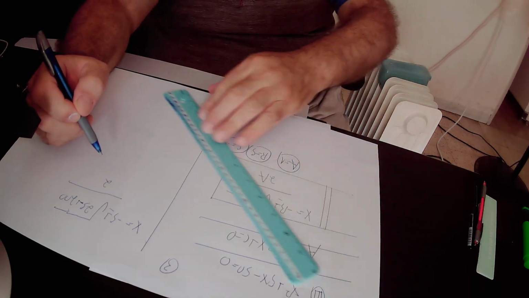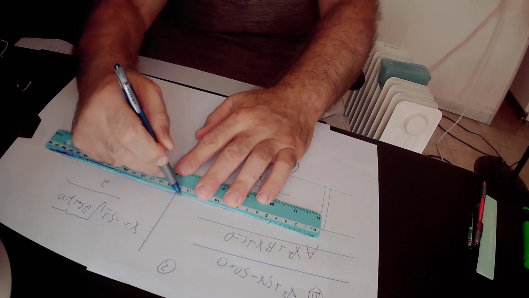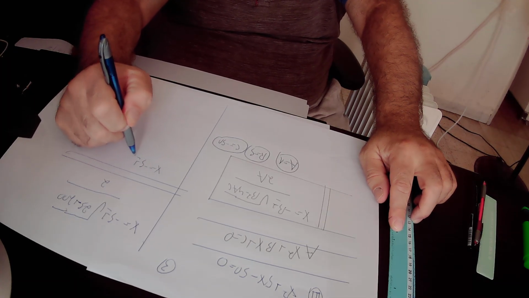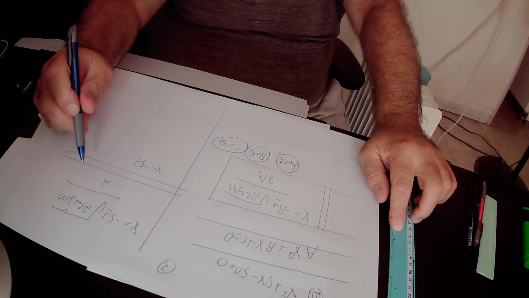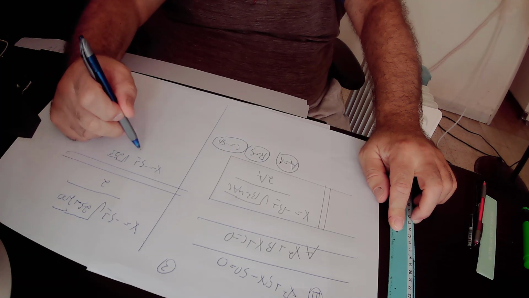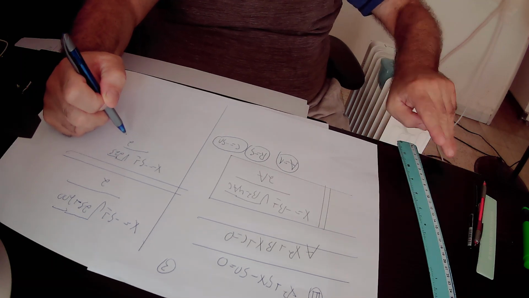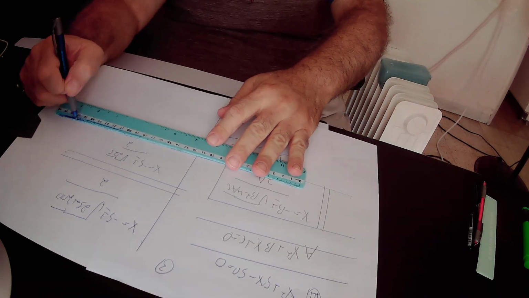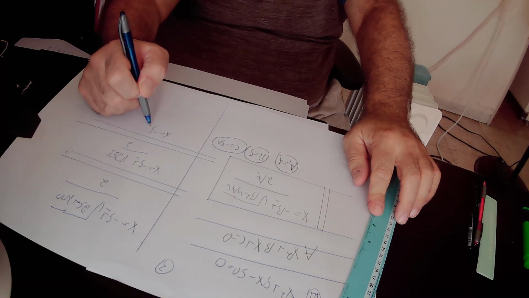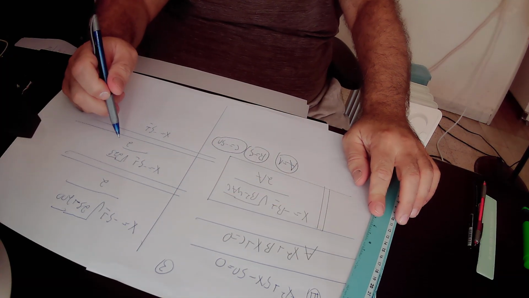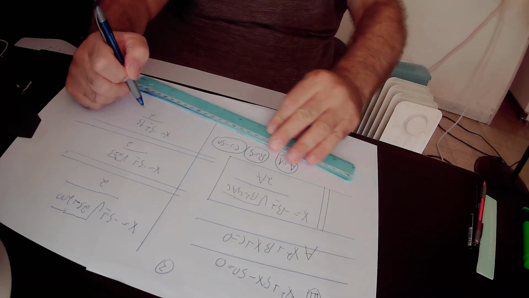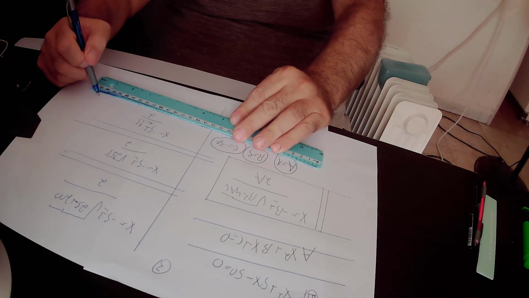So in total, x equals minus 5 plus or minus the square root of 225, which is 15, over 2. So here we have two possible solutions for x.